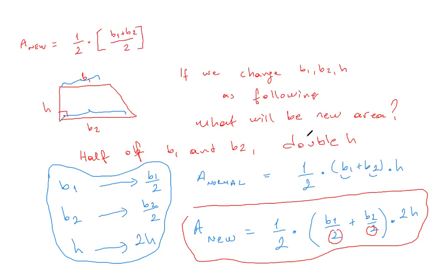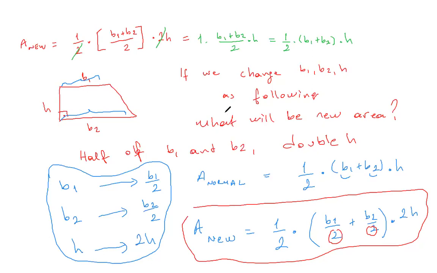That's it, finished. Times 2 times H. This is also equal to, be careful, can I simplify this 2 and this 2? I think yes. So what is left? 1 times B1 plus B2 over 2 times H. So if I rewrite this, 1 over 2 times B1 plus B2 times H.